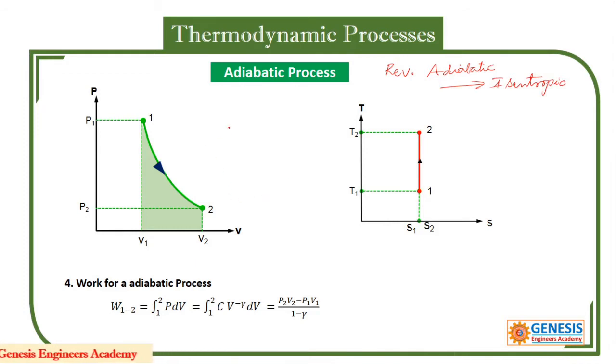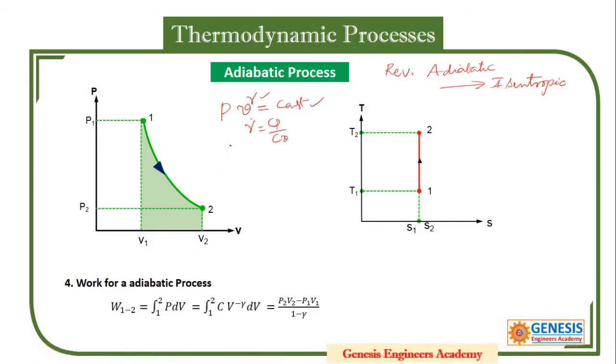So you can also remember it like that. Now the adiabatic process is represented the same as a polytropic process, only the difference is gamma. In a polytropic process we use n, and in adiabatic we use gamma. Gamma is Cp by Cv, and this is the equation.